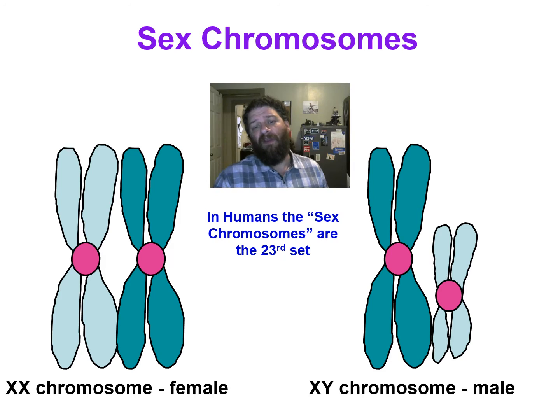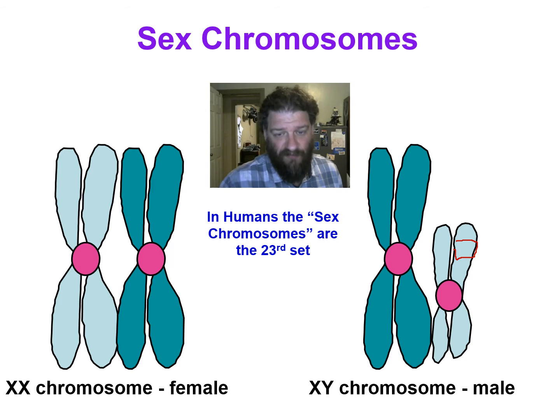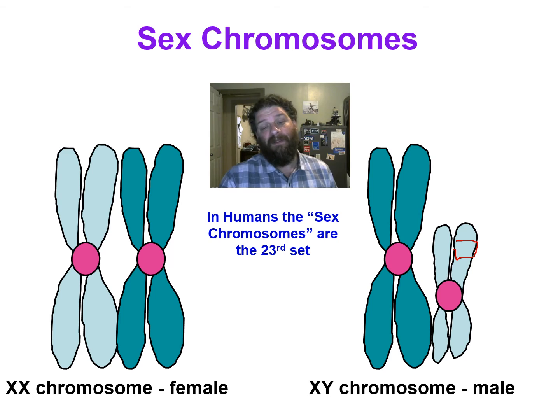Now, the way it works is there is a small portion of the Y chromosome called the SRY, or sex-determining region of the Y chromosome. And if an individual has that, then they tend to present as male. Now, we know that crossing over can take place, and that there can be some jumbling that goes on. We know that pieces of chromosome can break off, so it's completely possible for a part of this Y chromosome that has the SRY to break off and attach to a different chromosome, not necessarily the X chromosome, but maybe chromosome 9 or whatever.